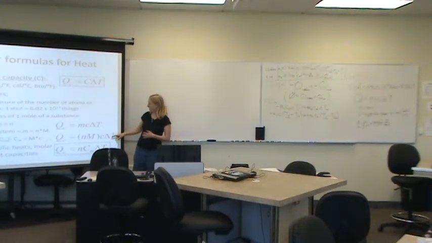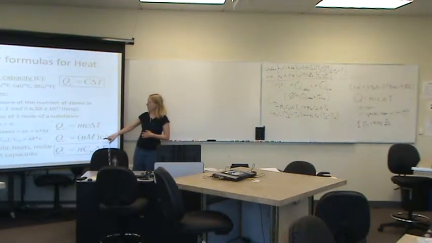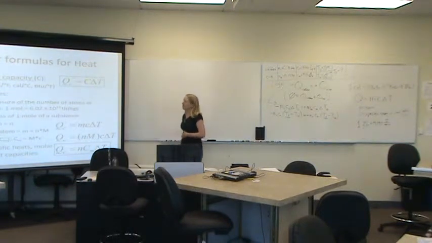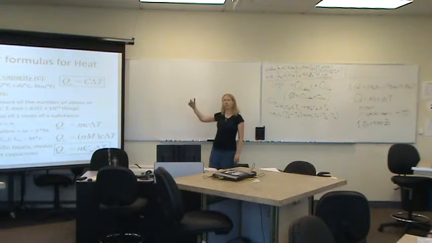And then combining, the molar mass times specific heat gives us a new variable, C sub m, which is the molar specific heat. Okay, so it's basically like 4 different ways to write the same equation.